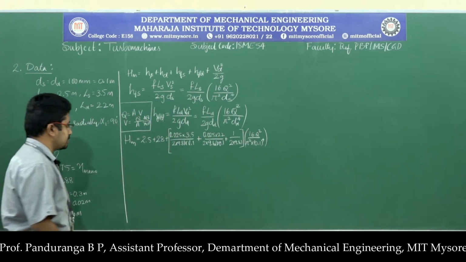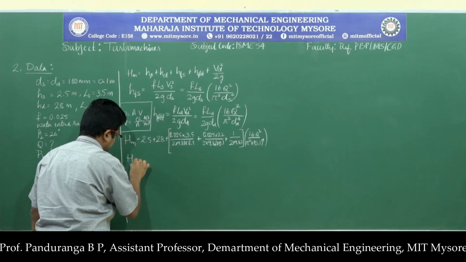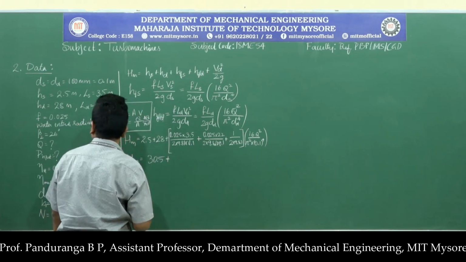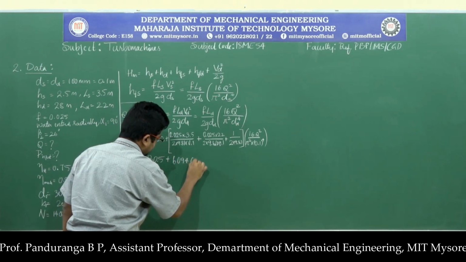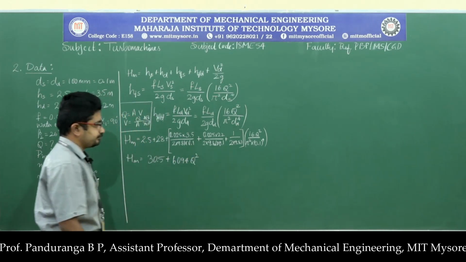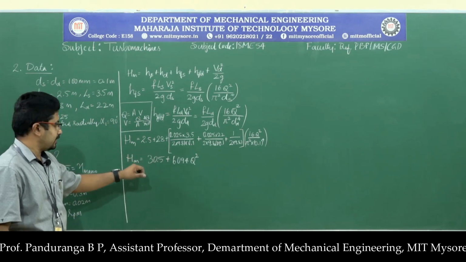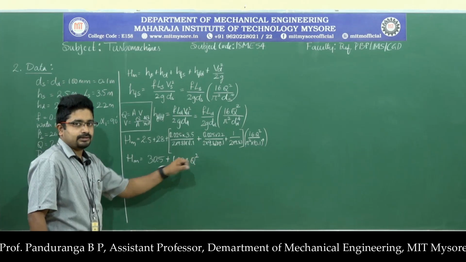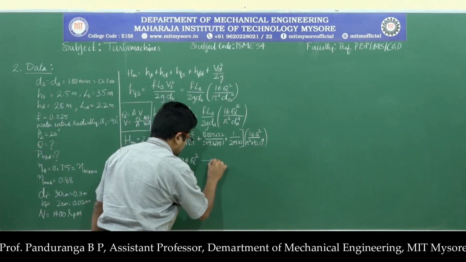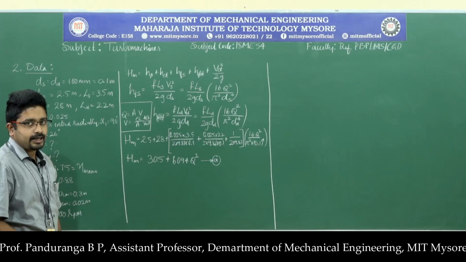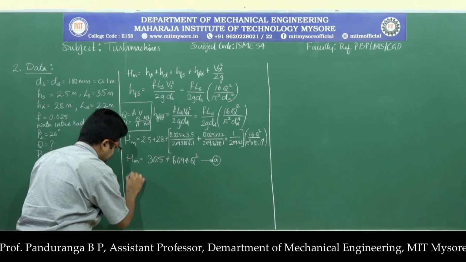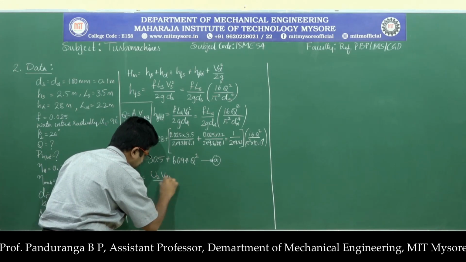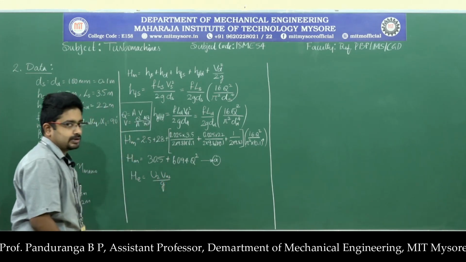Now if we simplify this, we get Hm will be equal to 30.5 plus 6094 times Q squared. So when we simplify this, we get an equation Hm is equal to 30.5 plus 6094 times Q squared, and I'll call this equation A. And I know that the Euler's head He is given by U2 Vu2 divided by g.